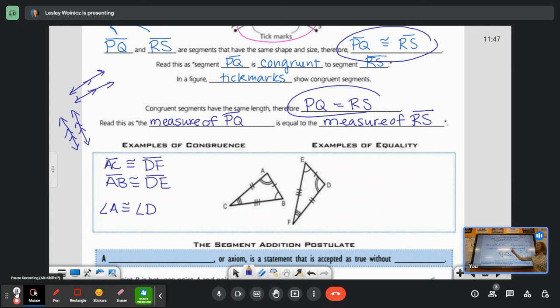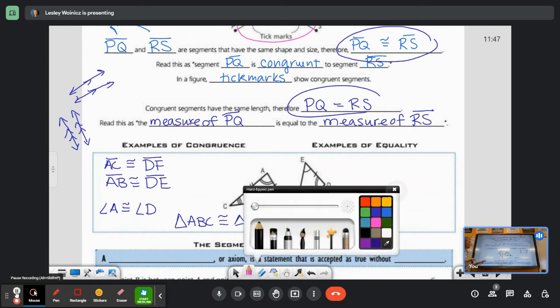Do you see how everything on both of these triangles match? All the sides, all the angles. These triangles are actually congruent to each other. So I can even say that triangle ABC is congruent to triangle DEF. Those are just a couple of examples of congruence.